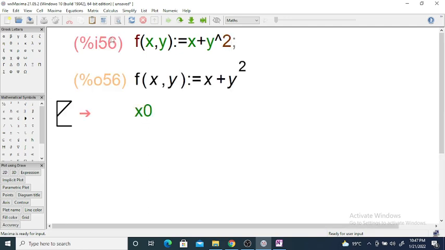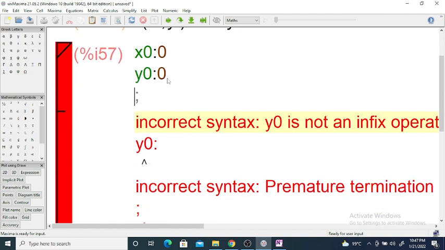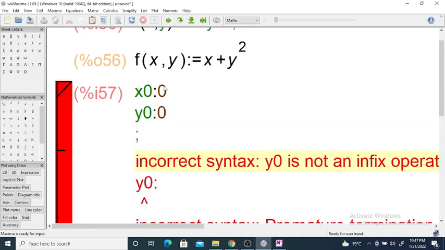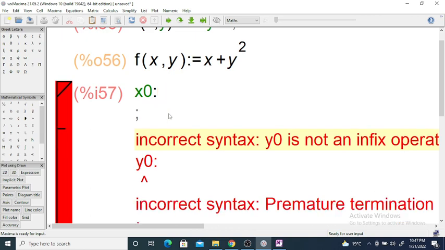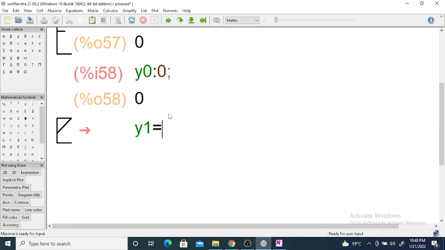Now x0 is equal to 0 and y0 is equal to 0.